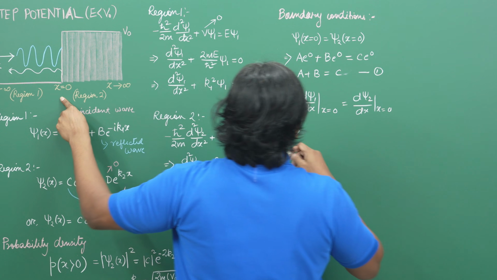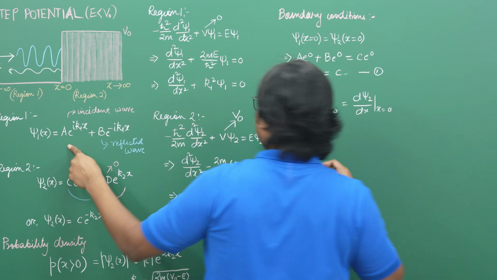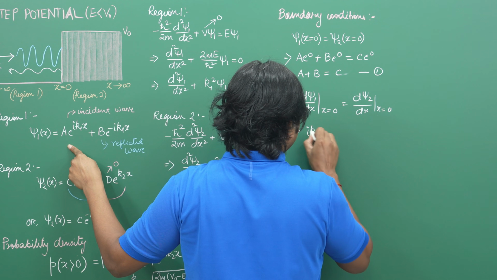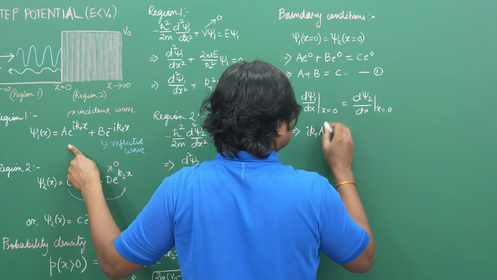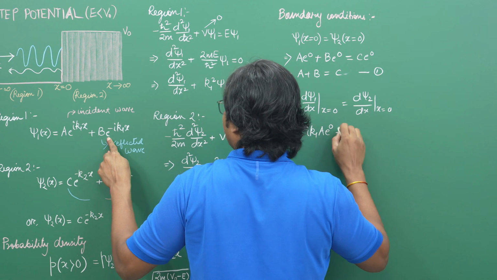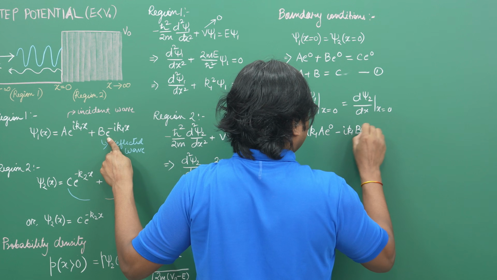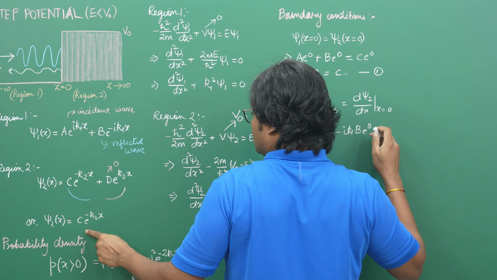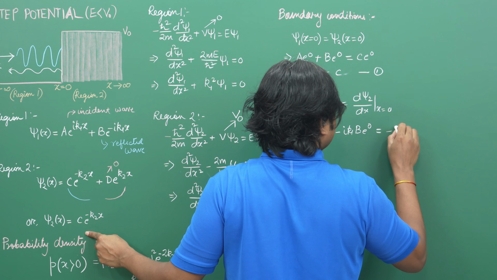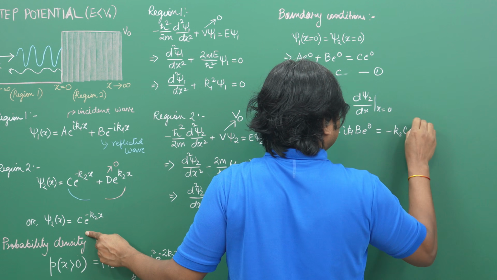All right. Which means that if I take the derivative of psi1, it should come out to be iota k1 a e to the power 0 minus iota k1 b e to the power 0, is equal to minus k2 c e to the power 0.